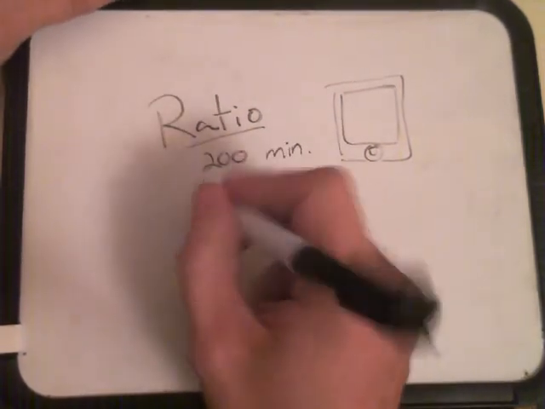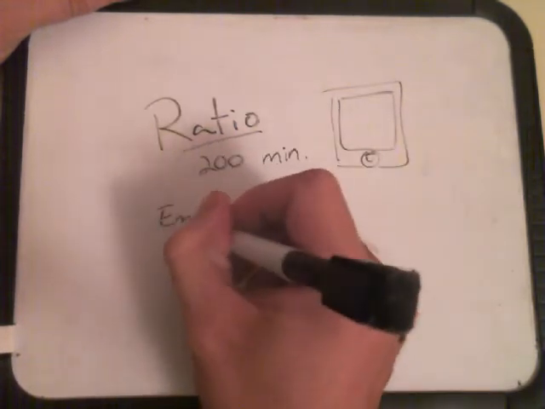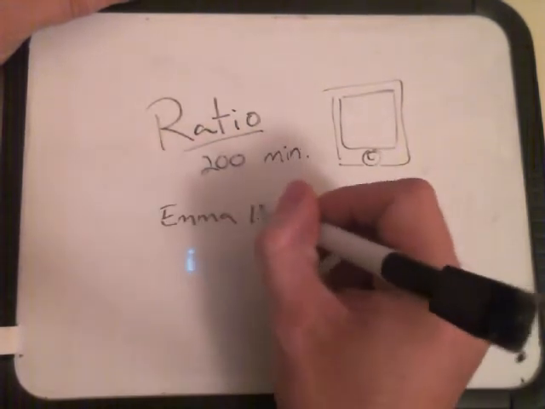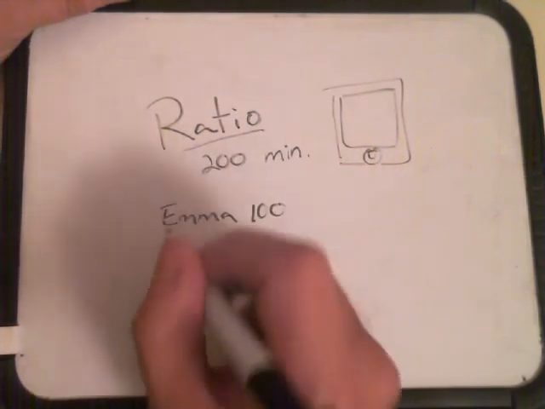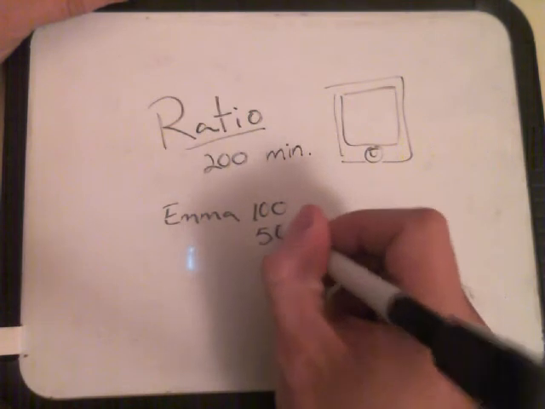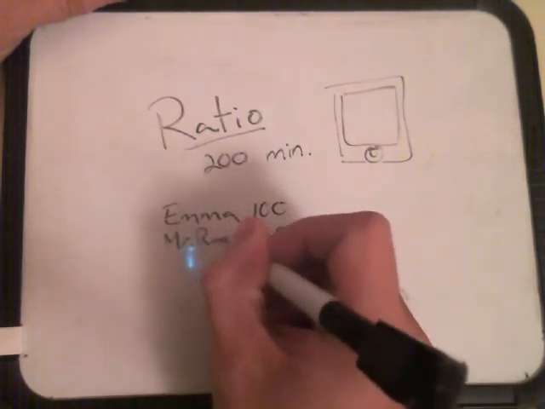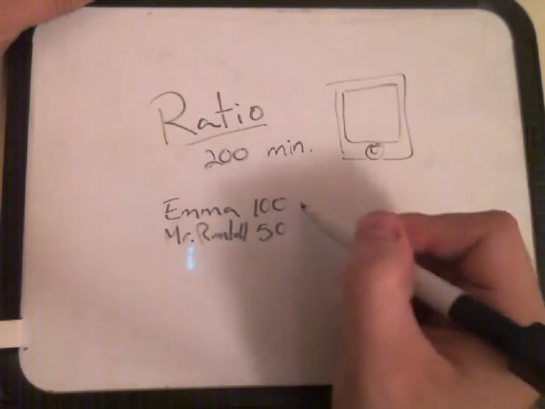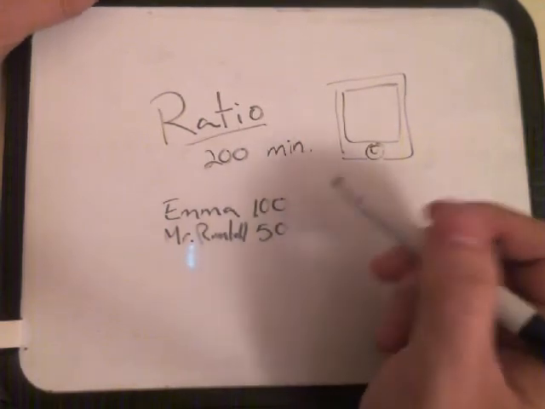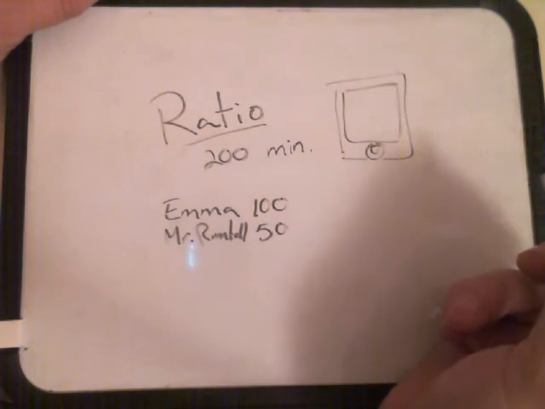So let's say, for example, that I spend, in a month, 100 minutes talking to Emma. And let's say that I spend 50 minutes talking to, let's say, Mr. Rumble. So that's a really simple idea. This is a simple quantity of minutes. That's another quantity of minutes. And let's say I wanted to express a comparison between these quantities. Now, how would I do that?